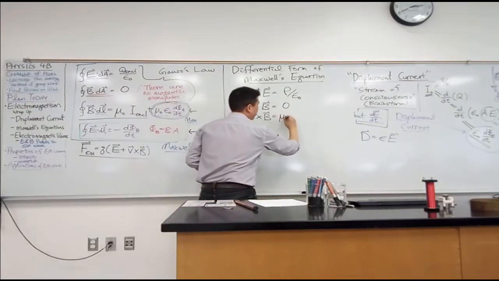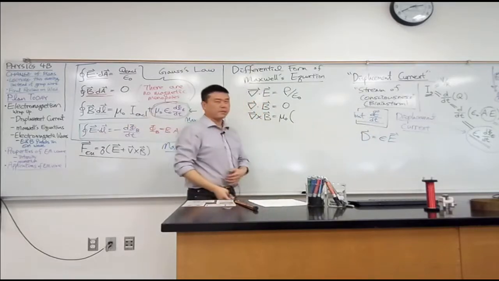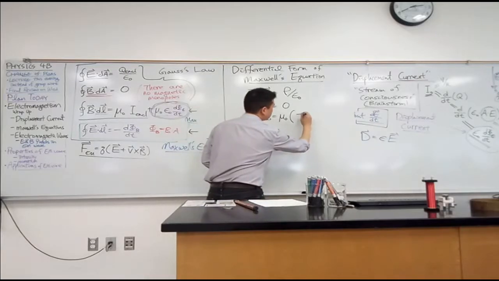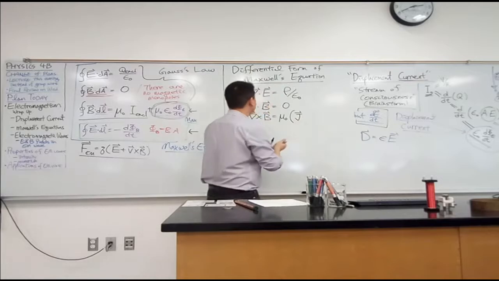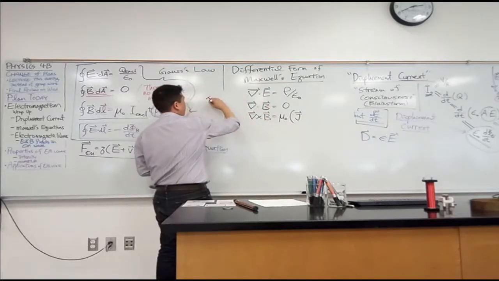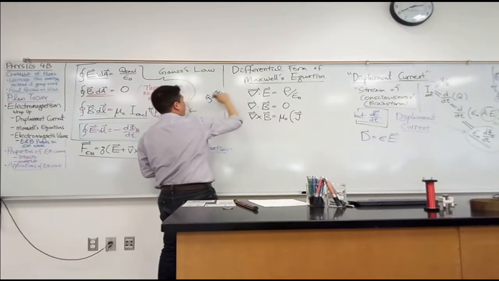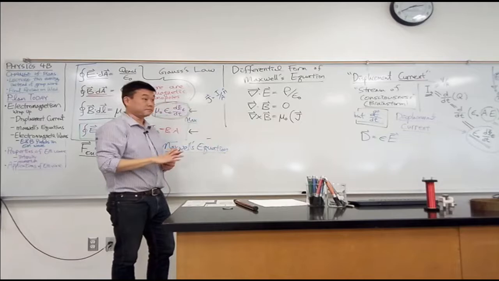So let me factor out mu naught. It's mu naught times current enclosed, which will become current density. Let me use the standard symbol J for that. Just as a reminder, the current density J is equal to current divided by area, and the vector is in the normal direction.